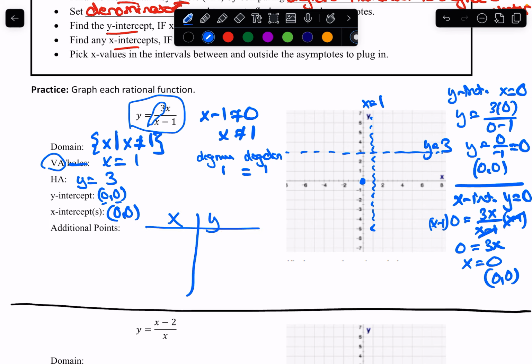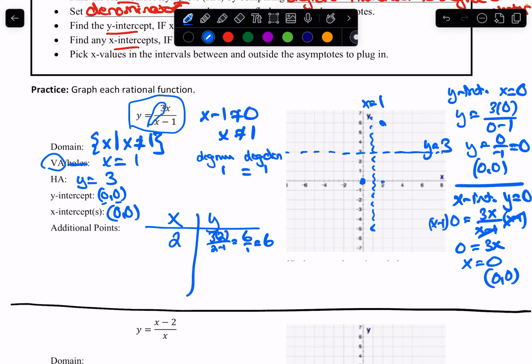Now, what we're going to look at is how does it behave near the asymptotes. So what happens when x is, for example, 2? So we're going to plug in 2. 3 times 2 divided by 2 minus 1. Well, that's going to be 6 over 1, so that's 6. So our point is (2, 6) right here.